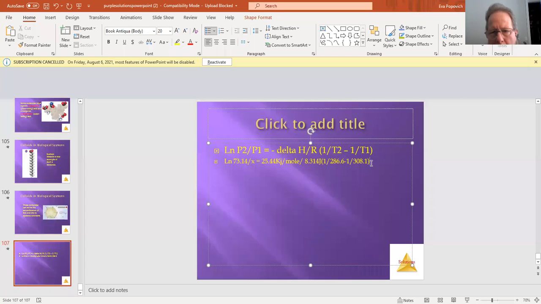Okay. I can't mess with the left side yet. So the first thing I have to do is either change the kilojoules to joules or the joules to kilojoules. This is negative 25440 joules divided by 8.314 joules.